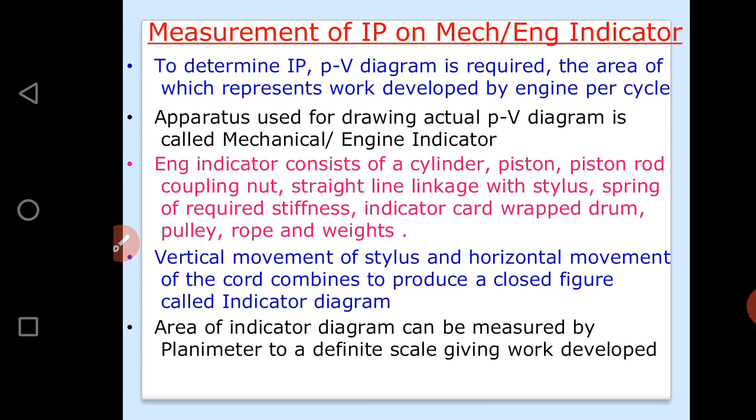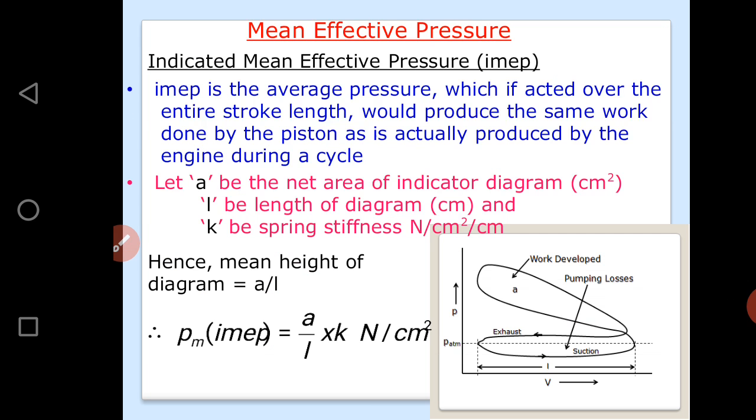With that area we found the work developed by the engine. So we derived the indicated power with the help of the indicator diagram.